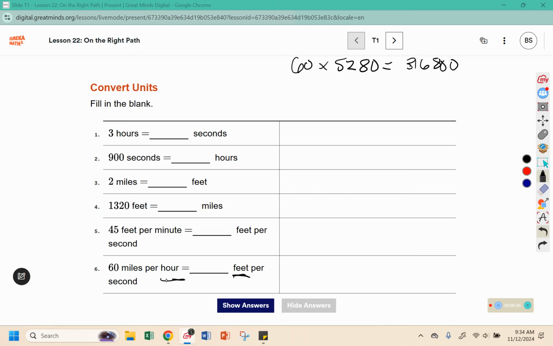So if we want to figure out how many seconds, well, there are 60 minutes in an hour and 60 seconds in a minute. So that would be 316,800 divided by 60 to turn it into minutes, and then divided by 60 again to turn it into seconds.